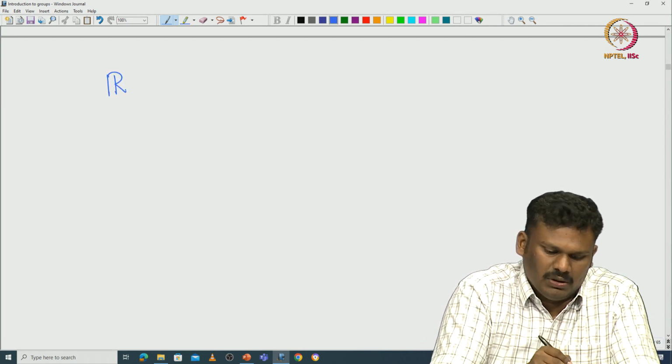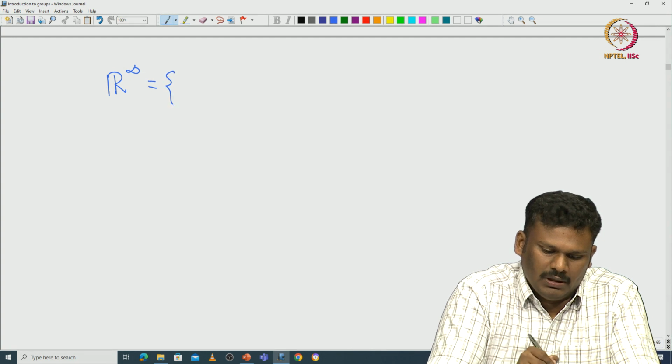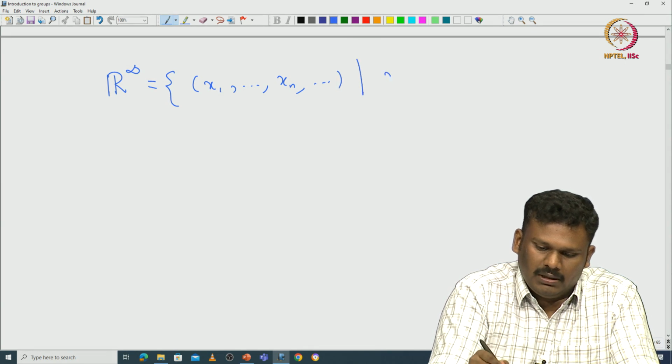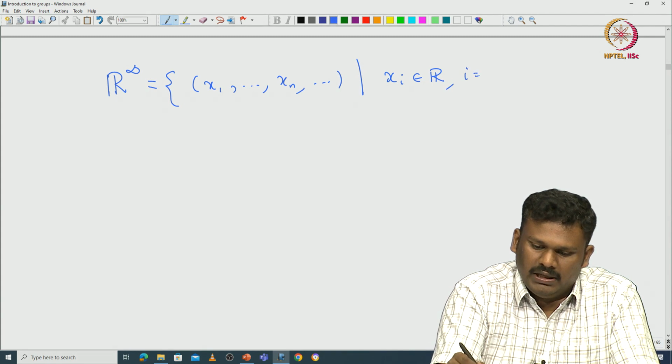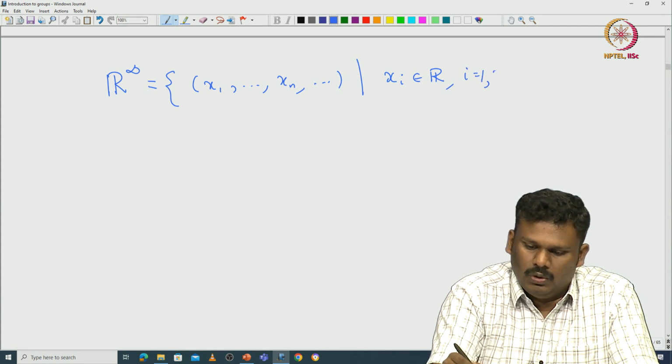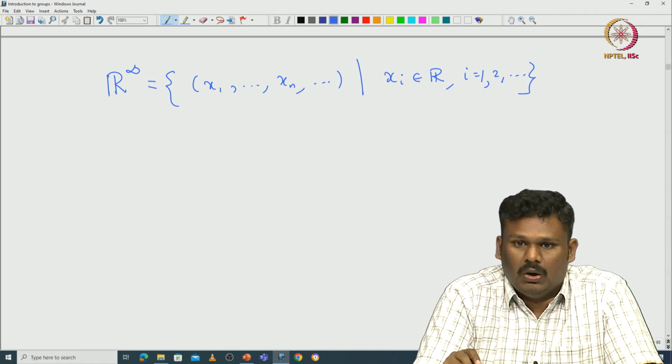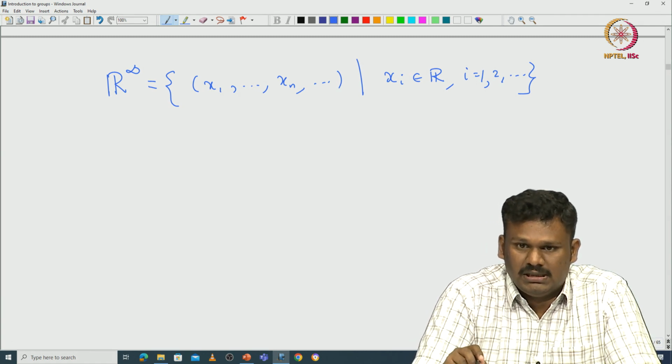So we can take what is called R infinity, and consider infinite tuples where all these xi's are coming from R, where i ranges from 1 to infinity. So basically you are considering all real sequences.